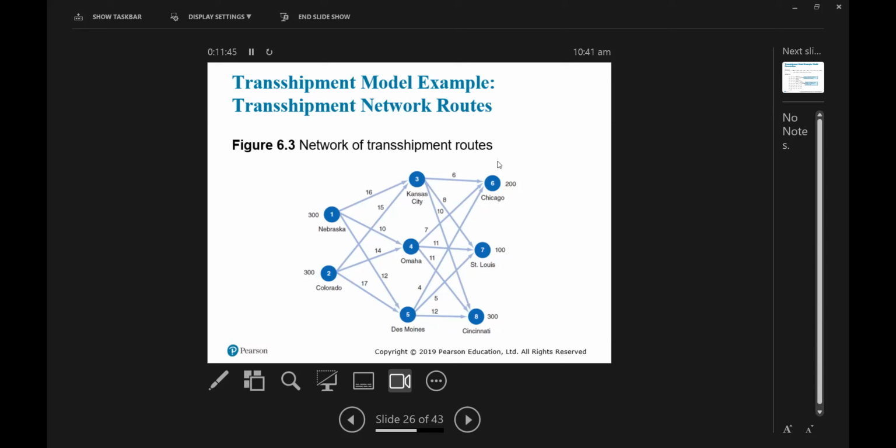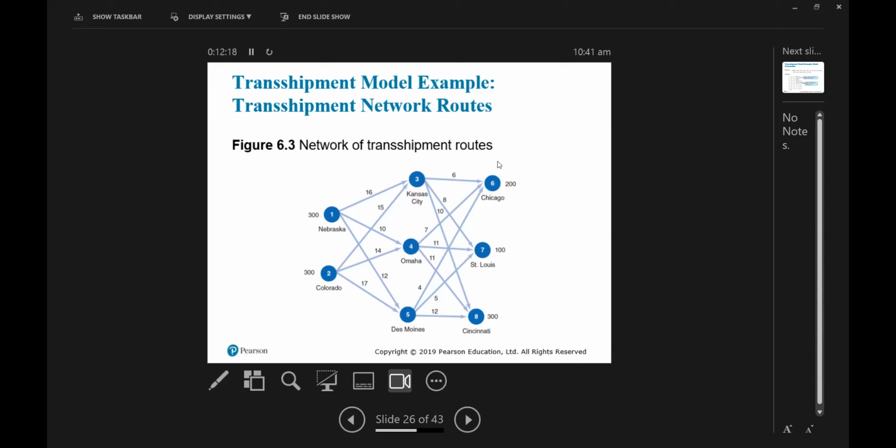In other words, whatever we send to the transshipment station should be equal to what was available at the sources. If we take out whatever is distributed from here from whatever was supplied to it from the farms, it should be equal to 0.